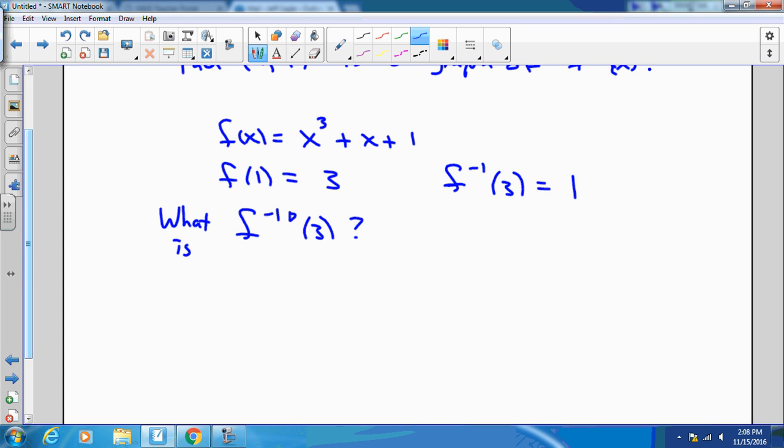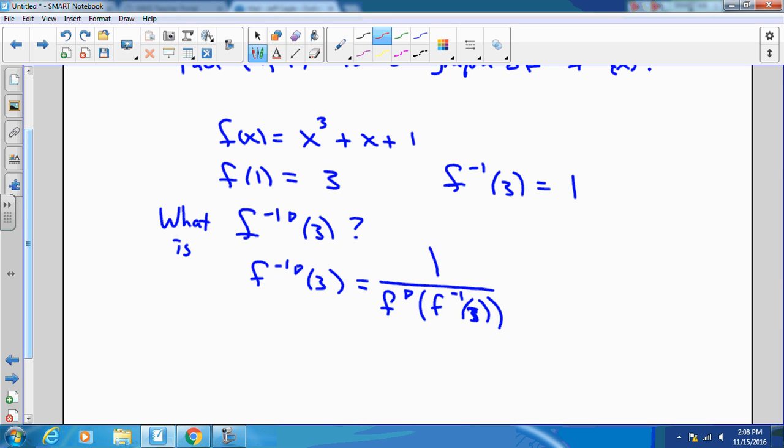In other words, what is the slope of the line tangent? I know already the point. What is the slope? And to compute that, I'm going to appeal to the inverse function theorem. And the inverse function theorem states that f inverse prime of 3 is the reciprocal of f prime of f inverse of 3. And now I can evaluate this inside out.